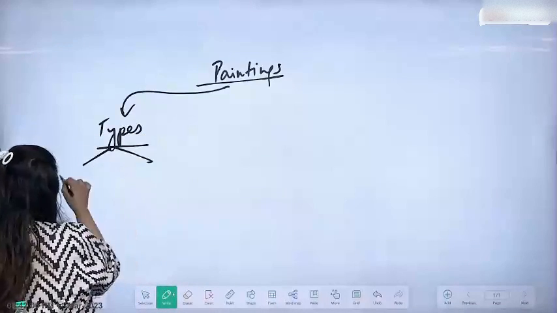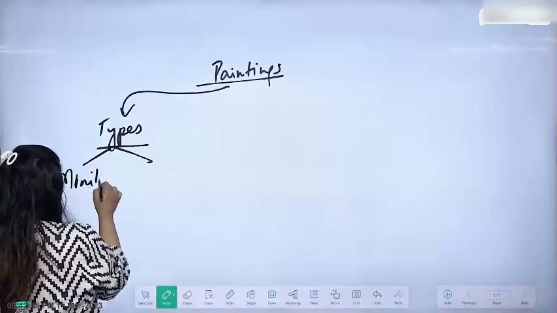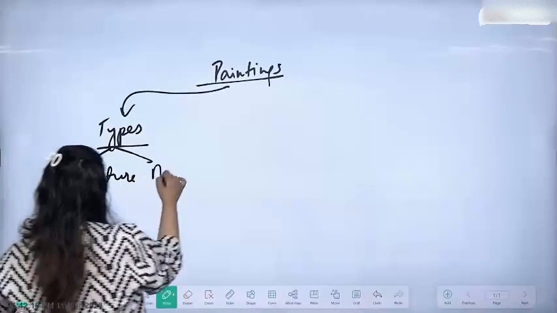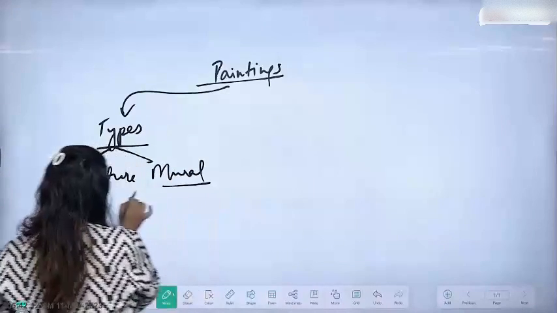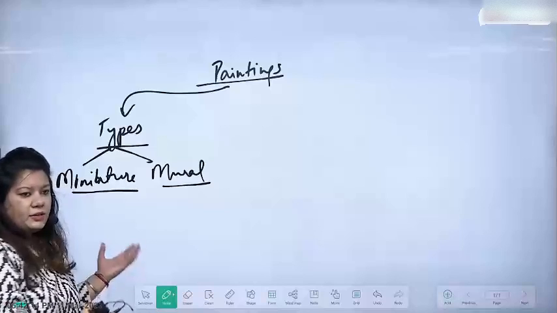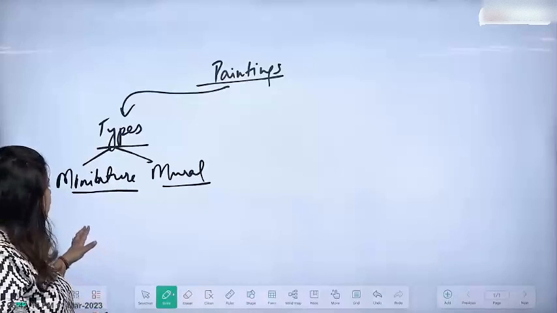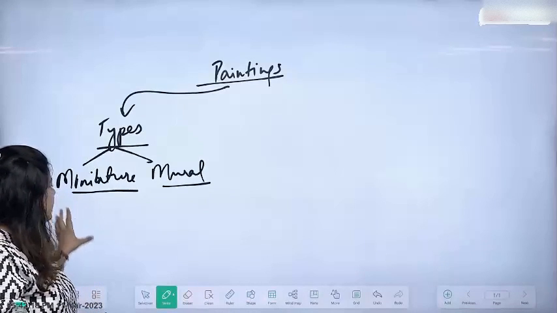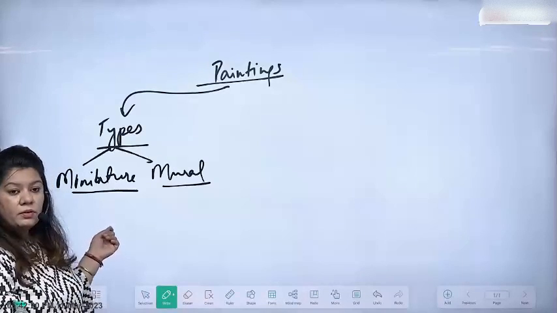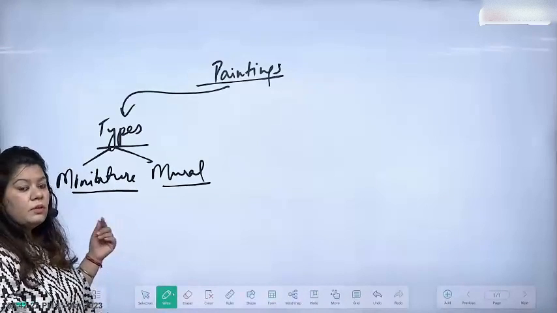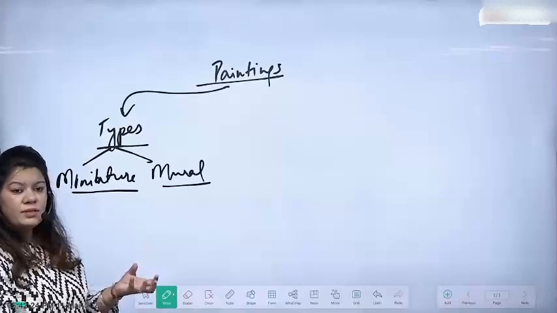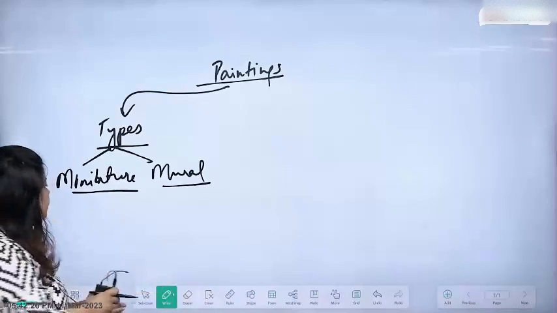One is miniature paintings and mural paintings. Mural, you know, mural paintings are drawn on the surfaces of the walls, etc., ceilings. Miniature is drawn on cloth or manuscripts or rocks, right?